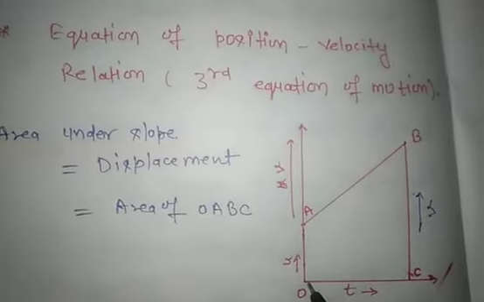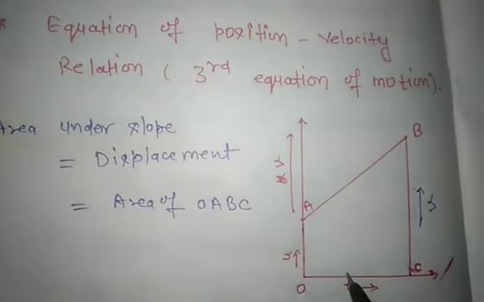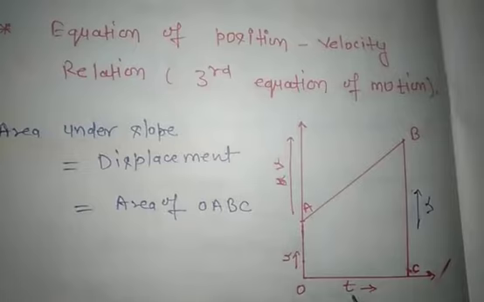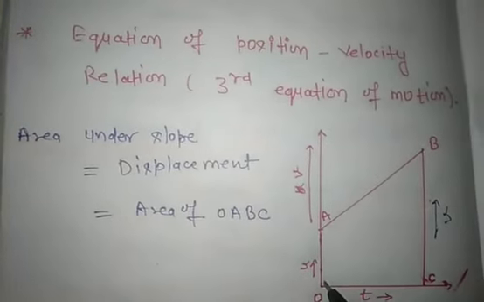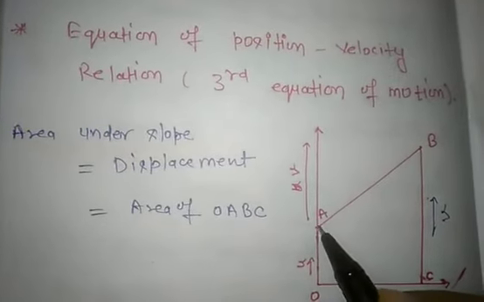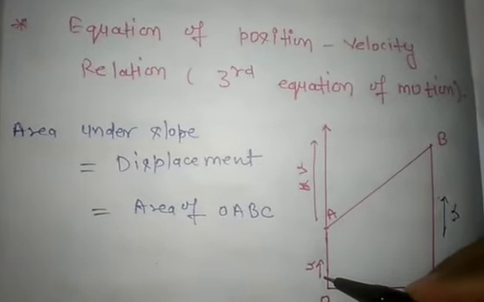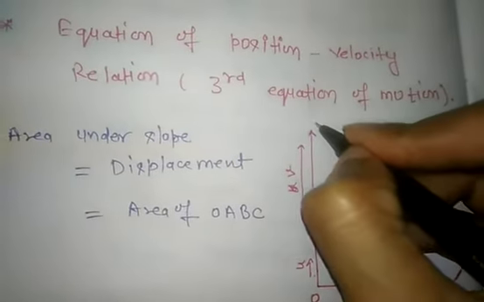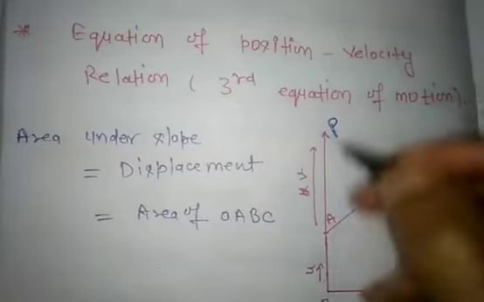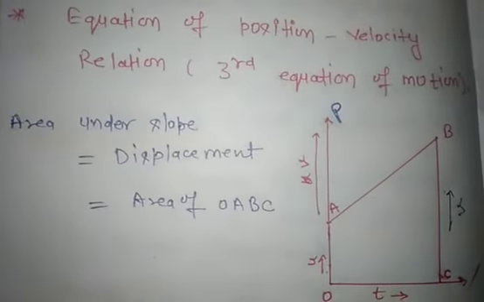An object travels from O to C, the time taken is t, and the initial velocity is u from O to A, and the final velocity from O to P is v.